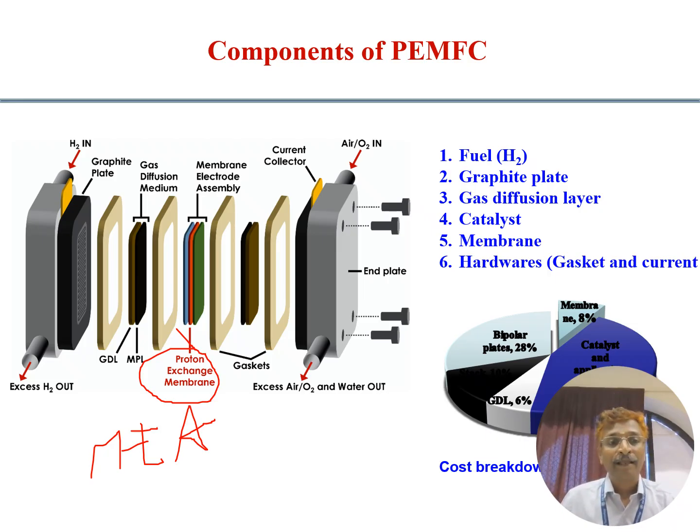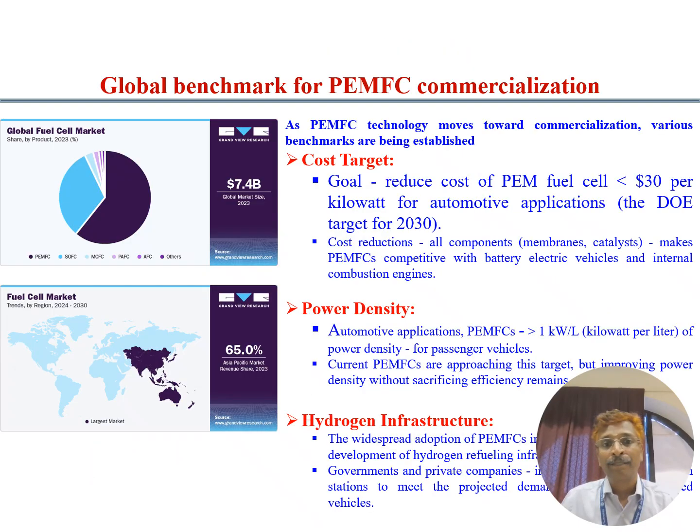Okay, right. Now the single cell, how is it working? So based on the commercialization benchmark of PEMFC, the researchers are targeting cost reduction for the PEM fuel cell, to less than $30 per kilowatt for automotive applications, and improving the power density to improve the efficiency.